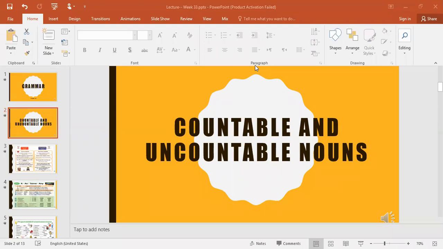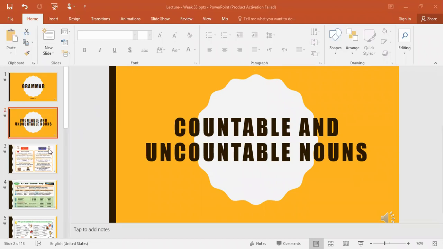Oh, Miss, you can count it. You can count it, very good. And when I say uncountable, you cannot count it. So this is the first thing we have to deal with, which is when I say countable, it means I am able to count. And when I say uncountable, it means I'm not able to count.